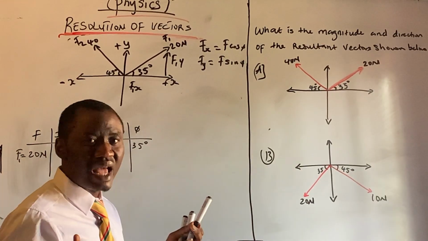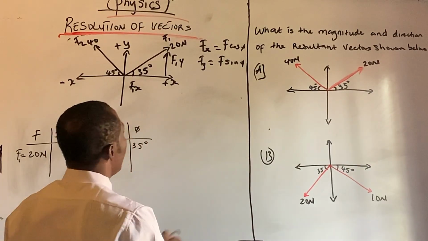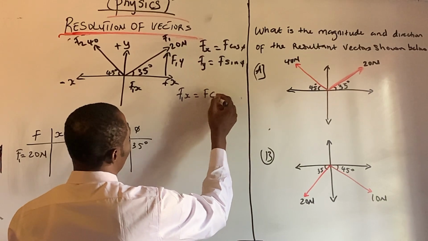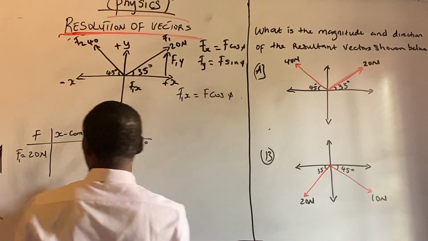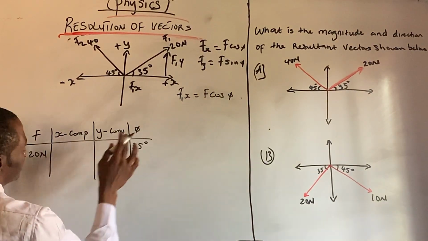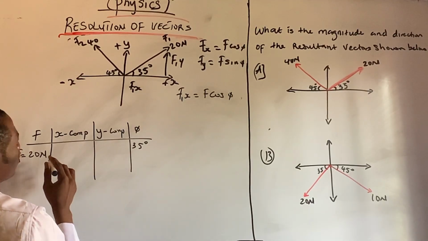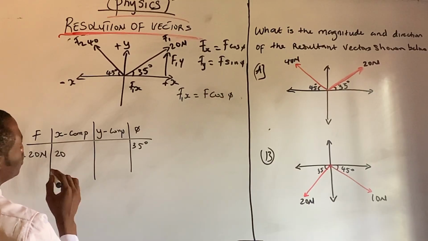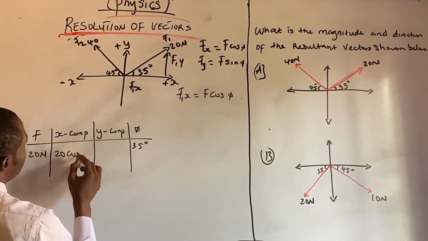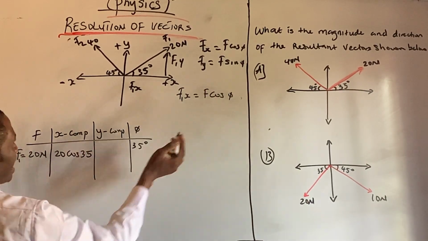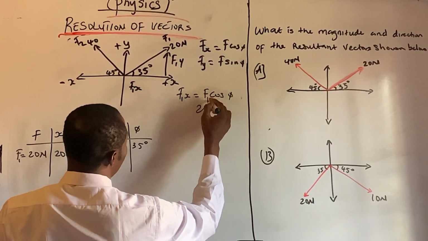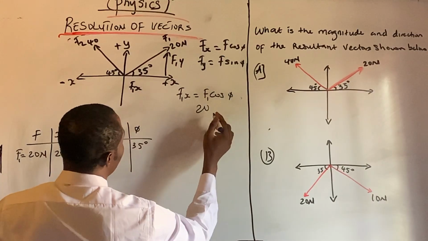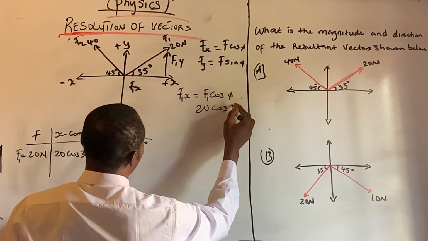Now, how do we solve for F1x? F1x is equal to F cos theta. So F1x, which is F cos theta, will give me 20 cos 35. I can also write it here: F1x is equal to F1 cos theta, which is 20 cos 35.